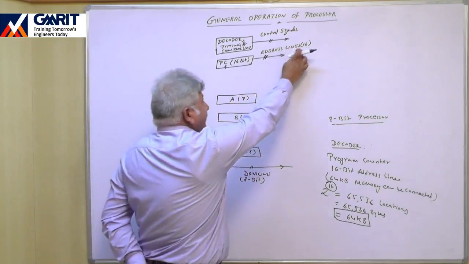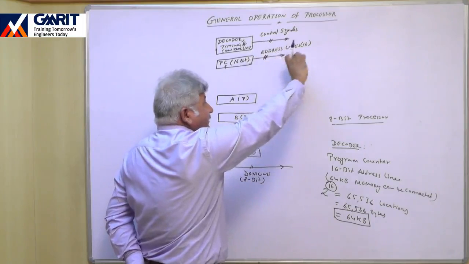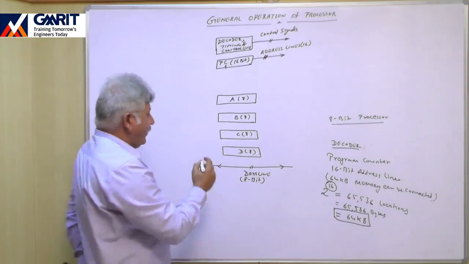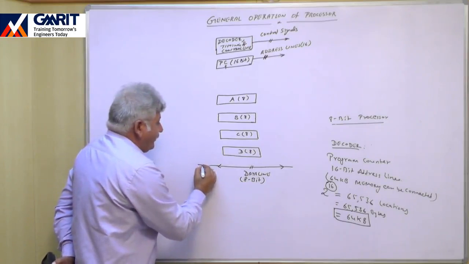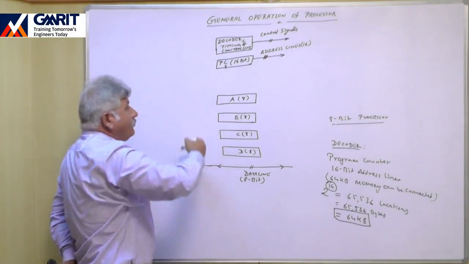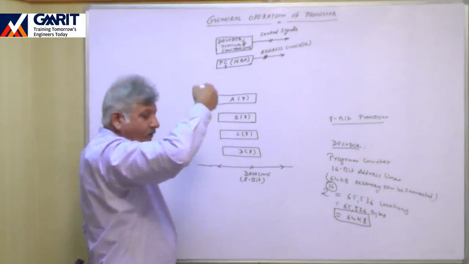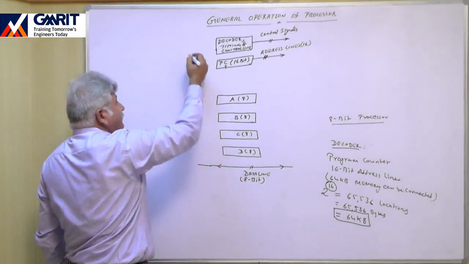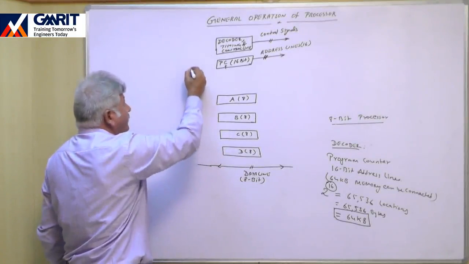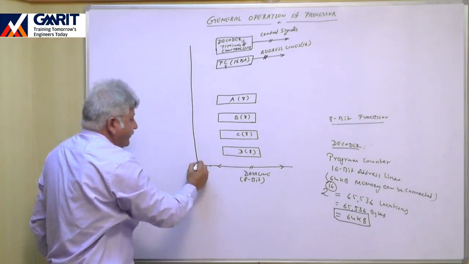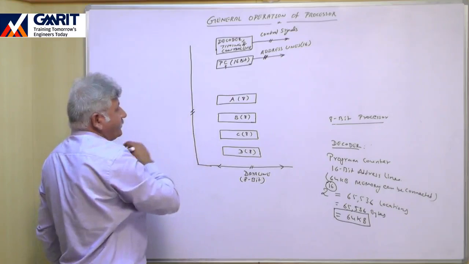This address line is 16-bit. This means there are 16 wires over which the address will flow. Now, internal to this processor, there will be data lines. So let us assume this is the internal data line of the processor, 8-bit.